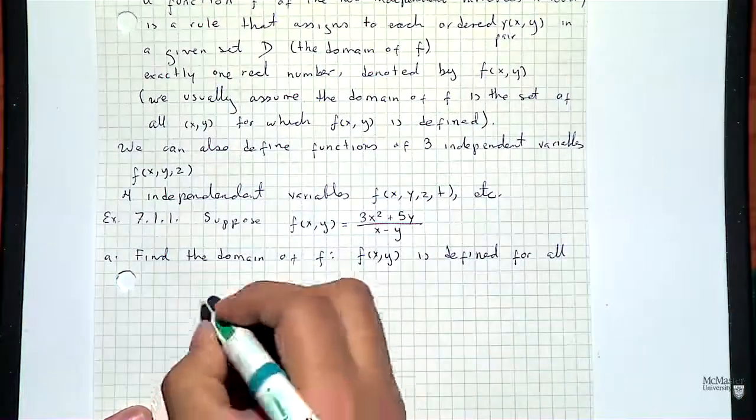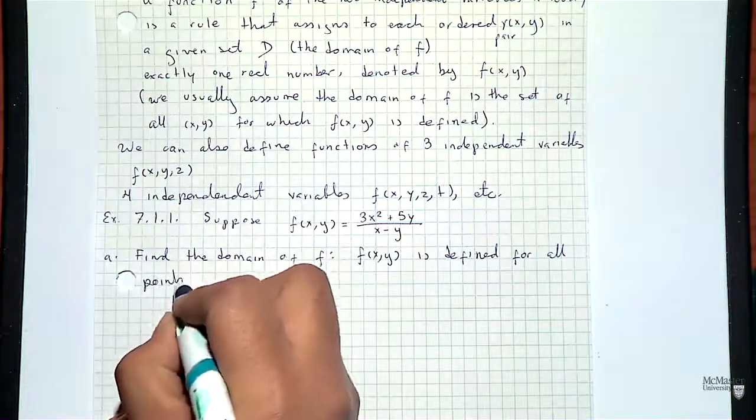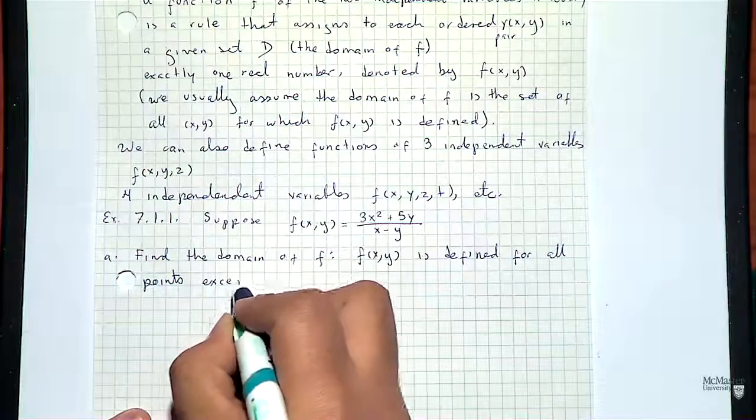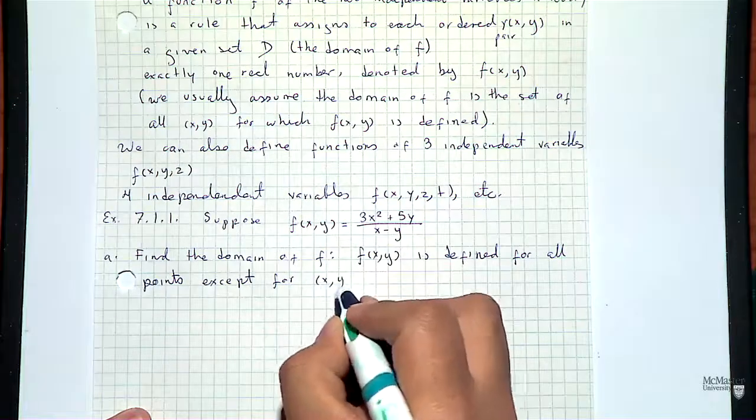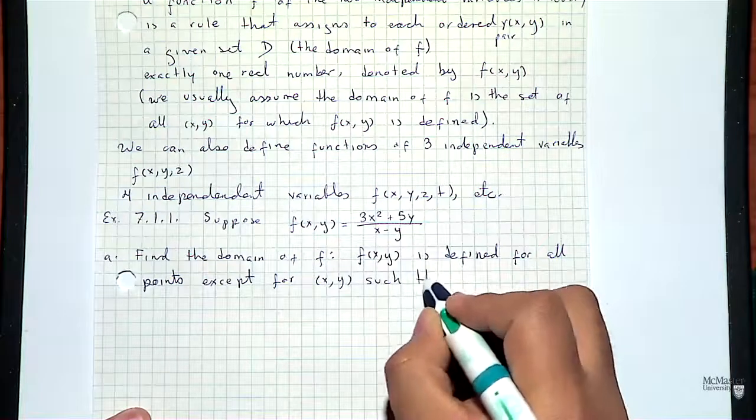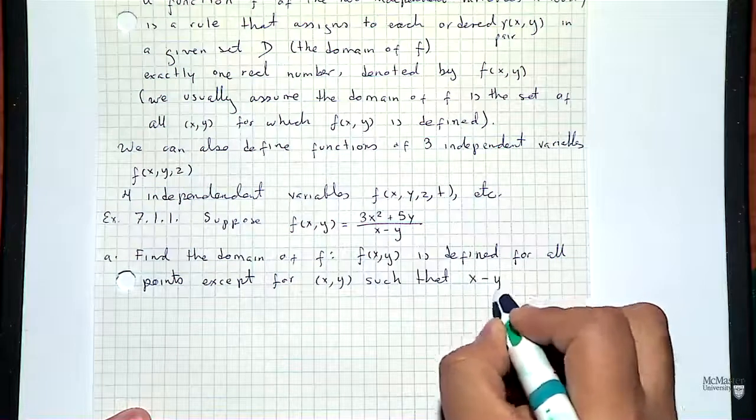It's defined for all points except for xy such that x minus y equals 0, right?